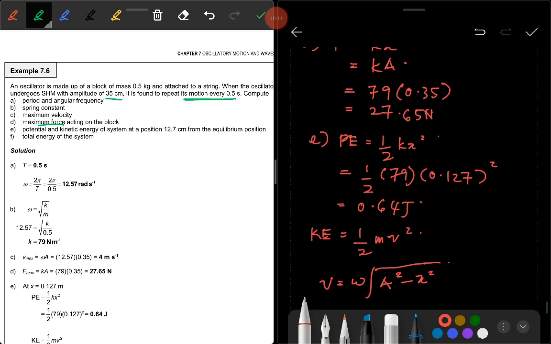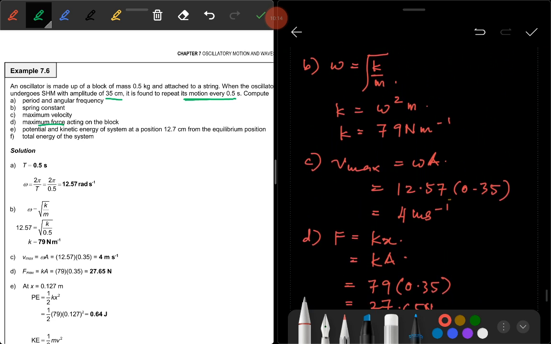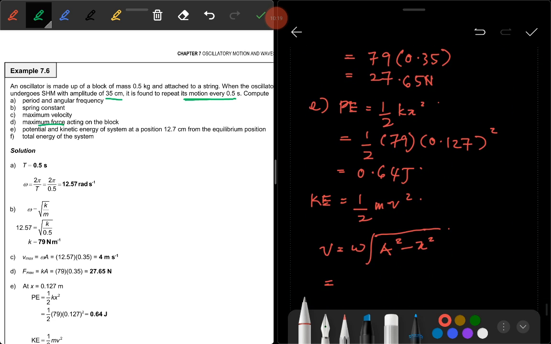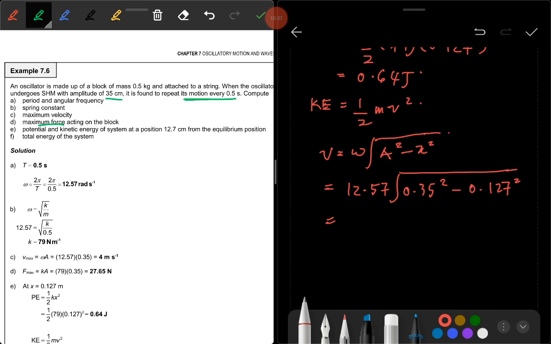So just substitute the value of omega, 12.57, and then a is 0.35 squared minus 0.127 squared. Try to find the answer for v, and then substitute this value of v inside the kinetic energy equation. You can get the kinetic energy.